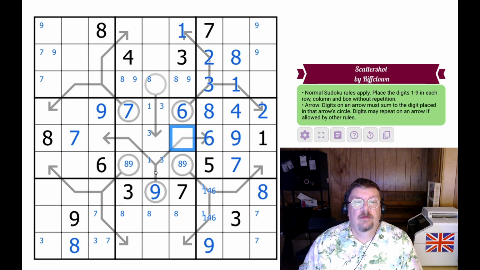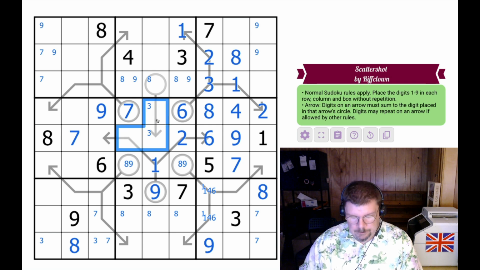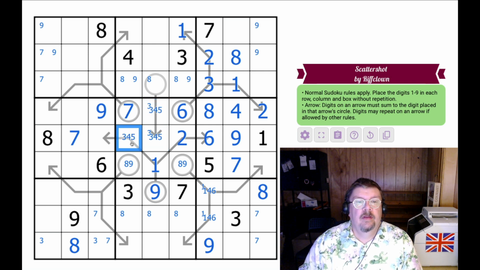So this must be 1 and 2. So that's not a 3. And I need a 1 is definitely there. That's a 2. These are 3, 5, and 4. That's not a 3. That is not a 4.